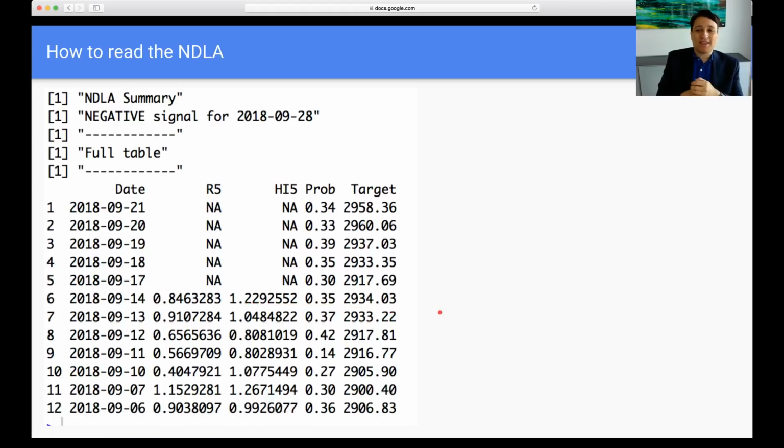So that's how you read the NDLA. For most of you, just look at the summary. If there is a positive signal, we do a trade. If there's a negative signal, just ignore it. And this is only useful for those of you that are tracking performance, or just want to, like El Mano, who likes to do some variation of the strategy, and he uses the probability in a different way.